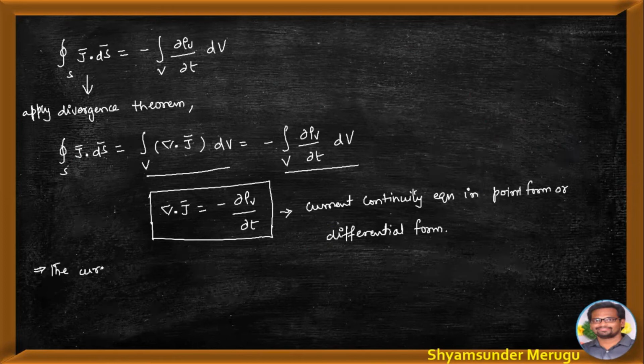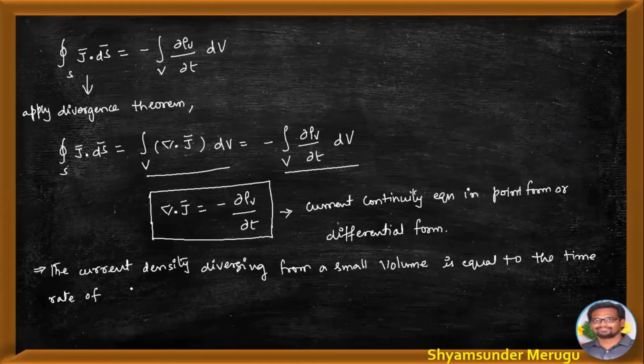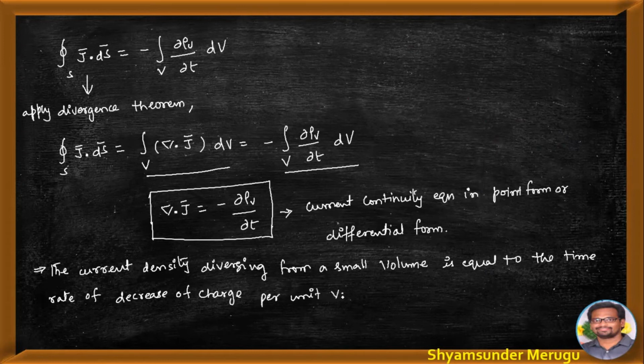The current density diverging from a small volume is equal to the time rate of decrease of charge per unit volume at any given point.